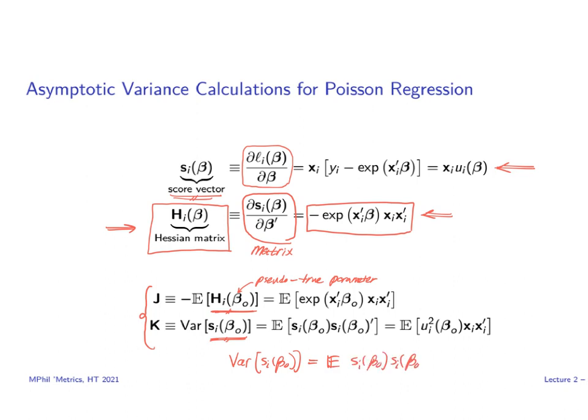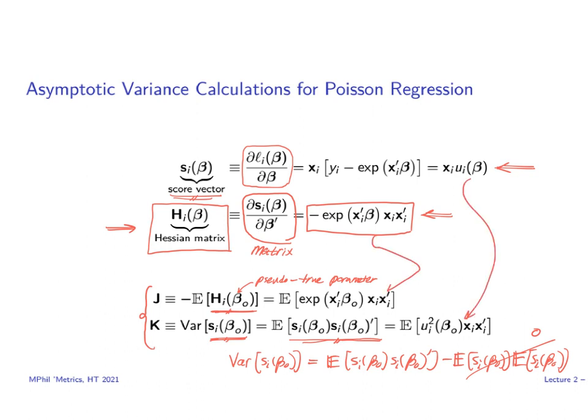We know that a variance is equal to the expected value of the outer product of a vector minus the outer product of the expectation, but the second term will simply be 0 by the first order condition. So this K matrix is the same thing as the expectation of the outer product of the score evaluated at the pseudo-true parameter value. And substituting the expressions above for Poisson regression, we obtain the following expressions for J and K in this model.